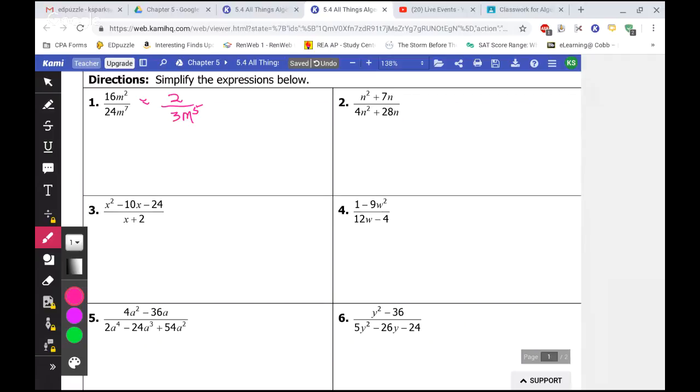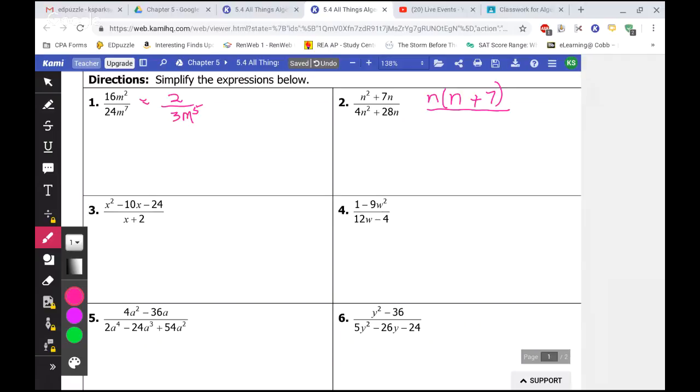Number two, you want to factor both the numerator and the denominator and see what you can eliminate. On the top, you can take an n out. n goes into n squared, gives you an n left over, and goes into 7n with just a 7.